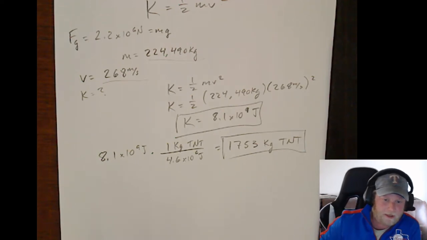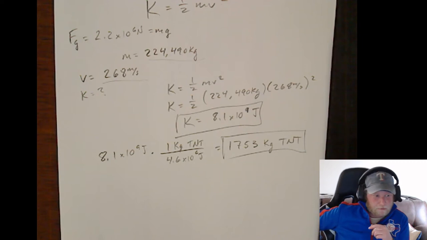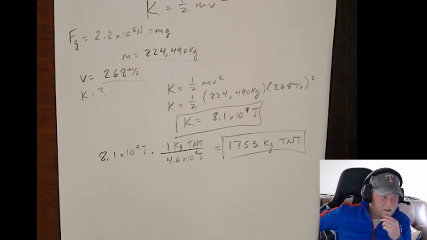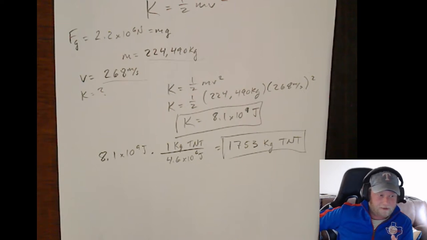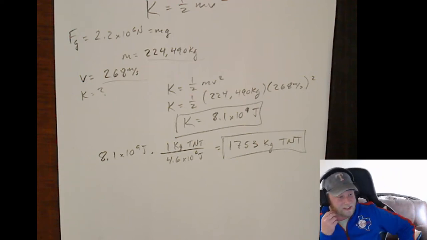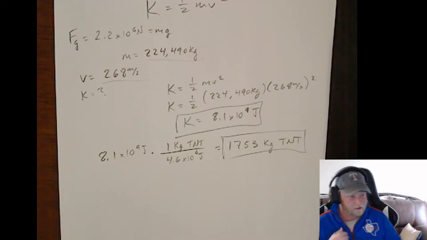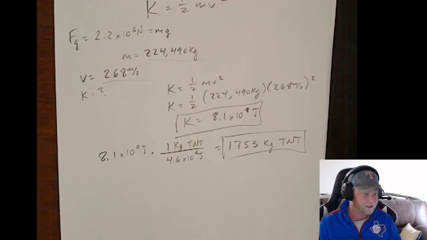Now, one thing to keep in mind also is, think back to when we talked about relative motion at the beginning of the year. We talked about motion being relative to the observer. Well, it's the same thing with kinetic energy. Kinetic energy is relative to where you're setting your observation state. So, for instance, if you're sitting next to a glass of water on a train that's moving 60 miles per hour, relative to you, that glass of water isn't moving.